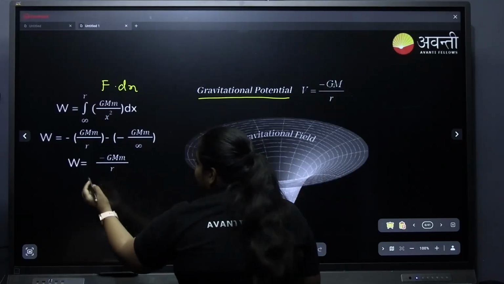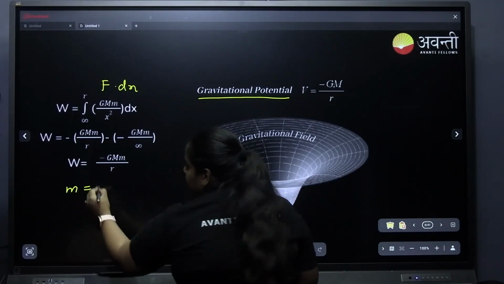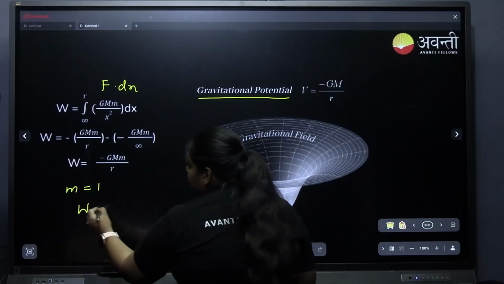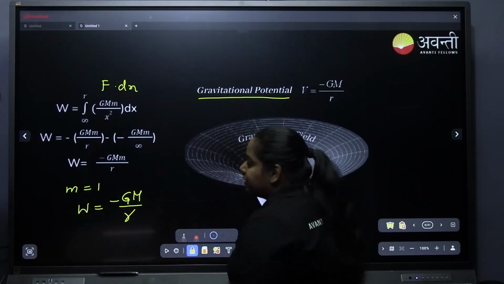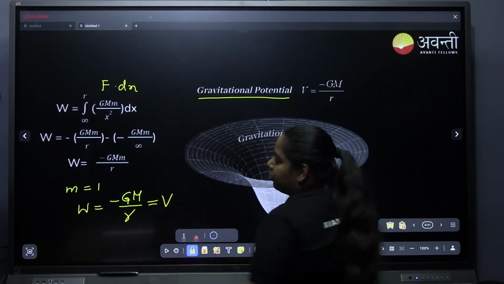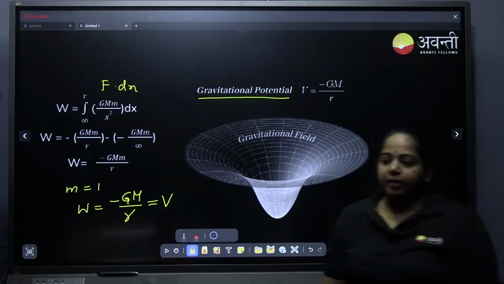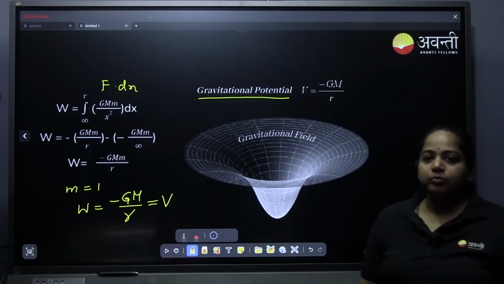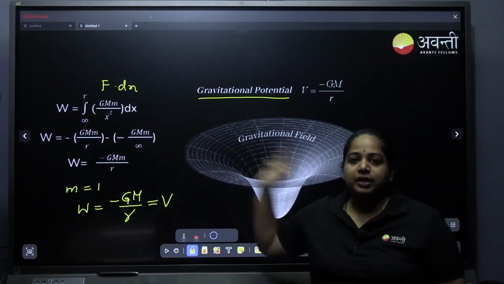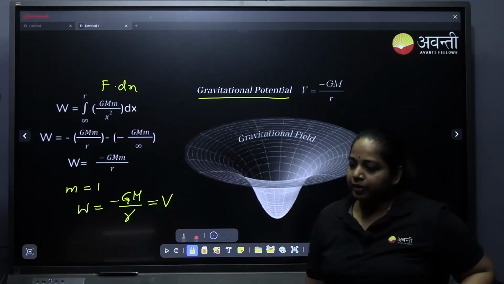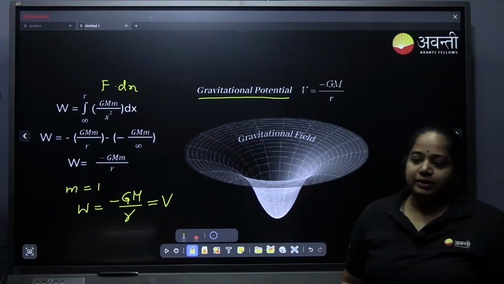So this is the total work done. If mass is equal to 1, then work done will become minus GM by r. This is our gravitational potential. Is that clear? Work done to bring unit mass from infinity to a point is gravitational potential. This is for a point mass.